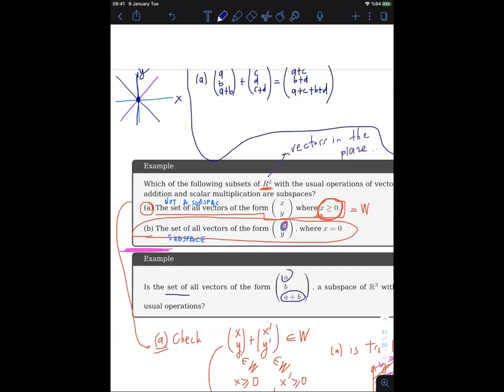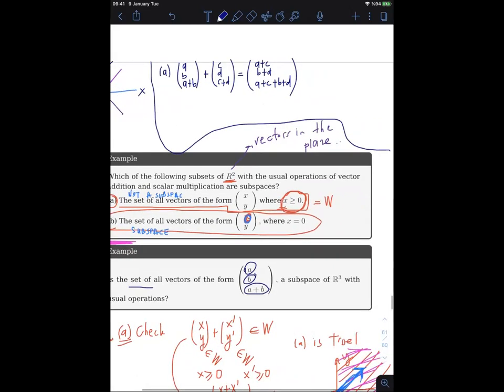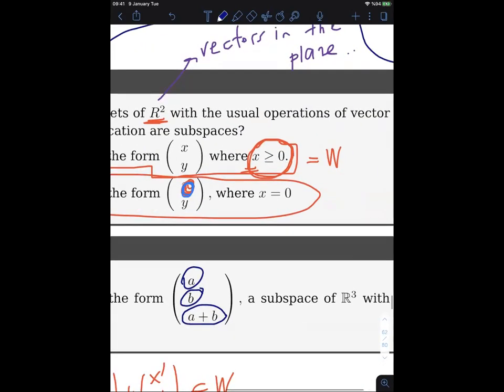For example, 1, 2, 3 is in the set, but 4, 5, 0 is not in the set. This is just an example.